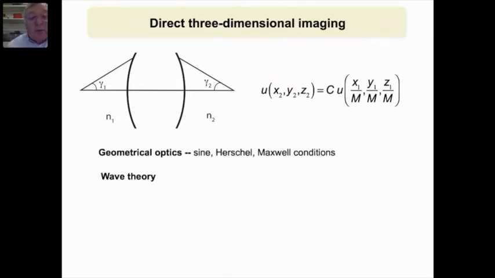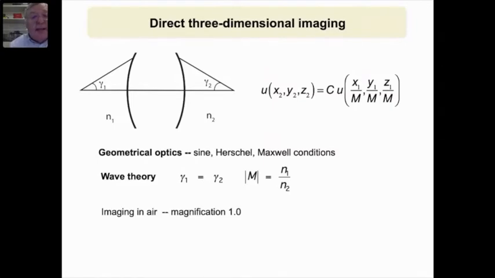I'm not going to go into great detail on this, and the answer turns out to be you can, but the problem is you have to build a system such that the angle with which a ray leaves the specimen, gamma 1, equals the angle with which it arrives in the image, gamma 2. If you do that, you find that the magnification is just the ratio of the refractive indices, N1 to N2.